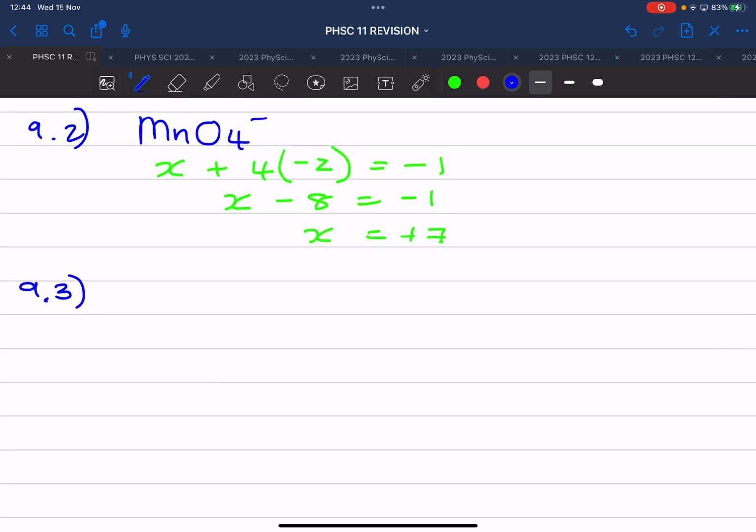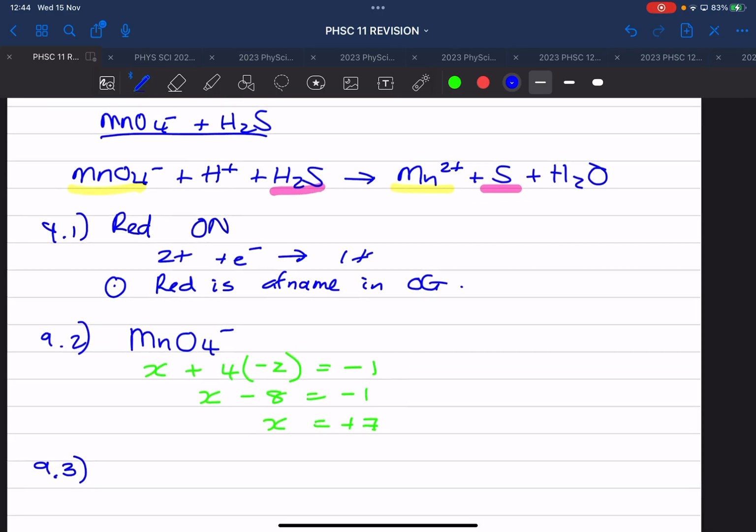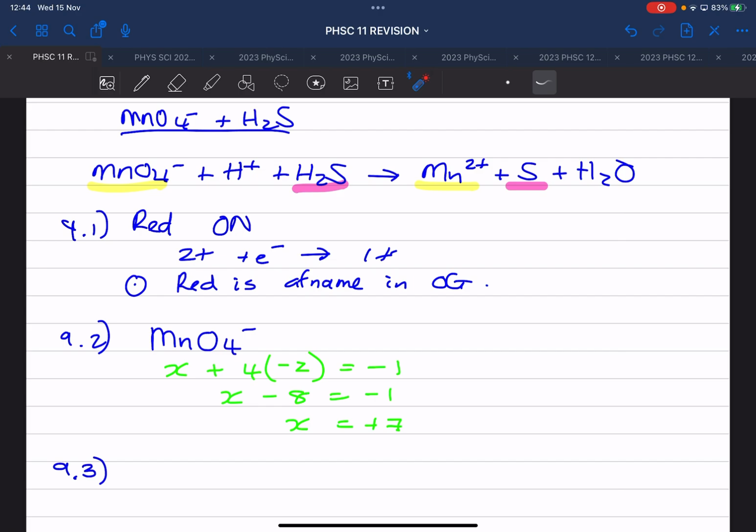Okay, 9.3. They ask, write down the formula of the substance that undergoes oxidation. A substance that undergoes oxidation. Let's quickly check. We know now that manganese in here is plus 7, and then it goes to plus 2.